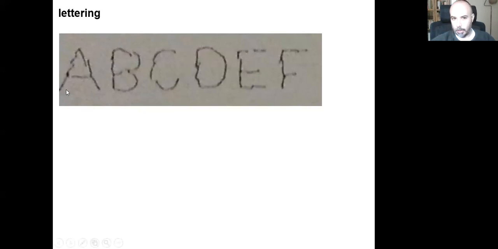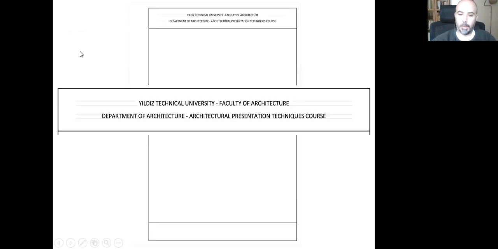When you're drawing your letters, first you are going to draw an inclined line, a freehand. You are not using your squares here. Just move your hand freely on the paper, but you are going to use these two very thin and gray lines as the borders for your lettering. This is what you are going to do at the beginning.